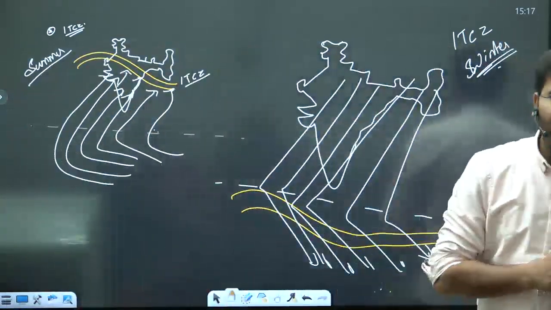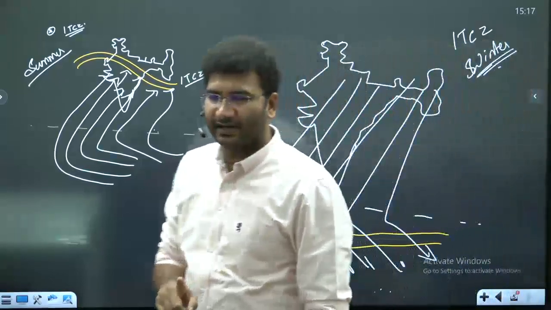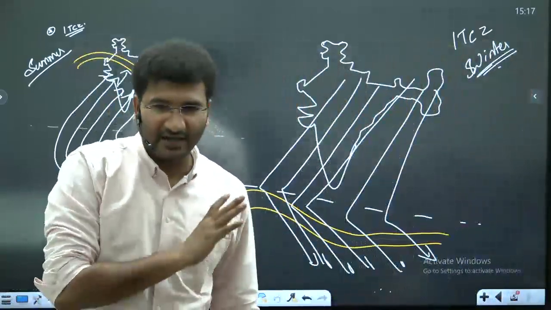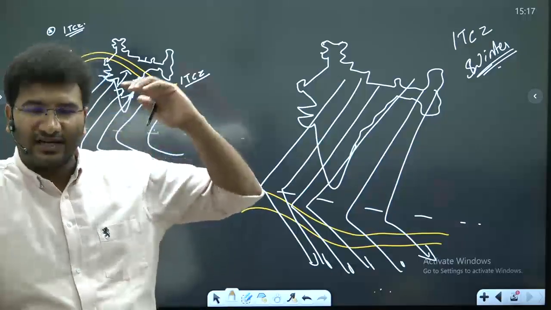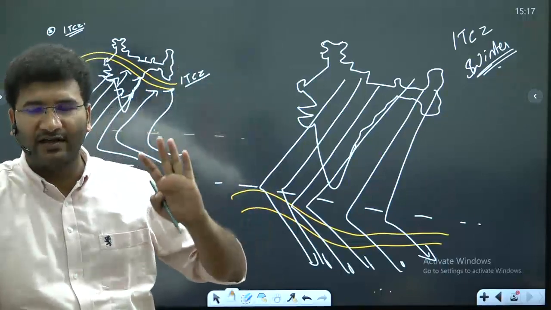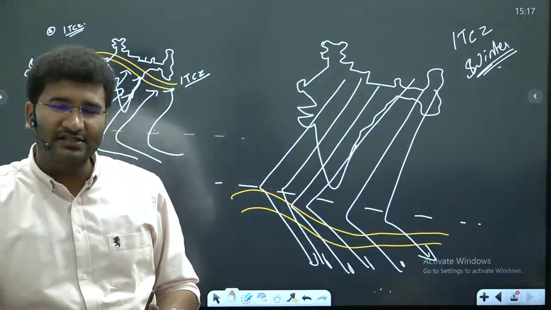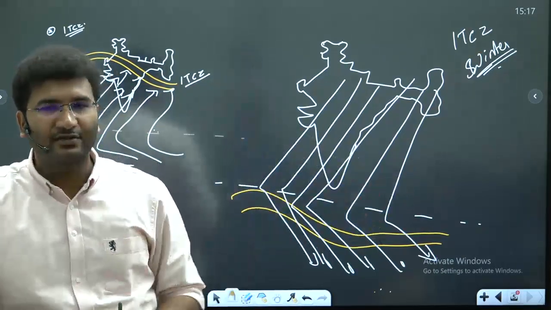So now what we are going to learn are the modern theories. Later we understood that it's not just the ITCZ zone that is playing a role. Along with ITCZ, there are a lot of factors that are actually determining what kind of climate we have in India. So this monsoon season can be studied either as summer monsoon and winter monsoon.